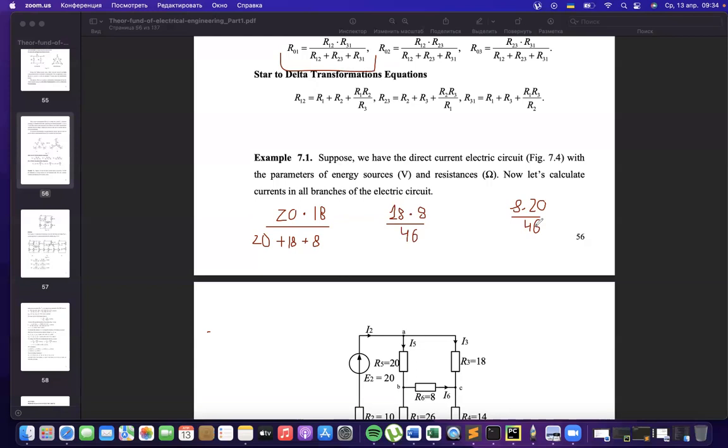Let's calculate and check that the numbers will be the same. 20 multiplied by 18 divided by 46 will be 7.8, or 7.82. 18 multiplied by 8 divided by 46 will be 3.1. And 8 multiplied by 20 divided by 46 will be 3.5.